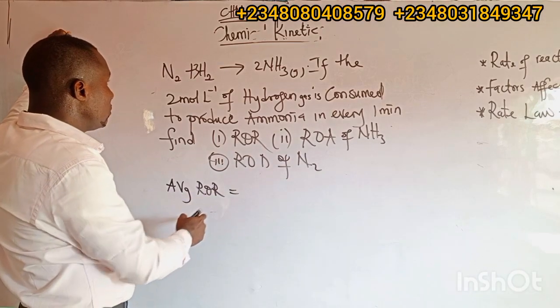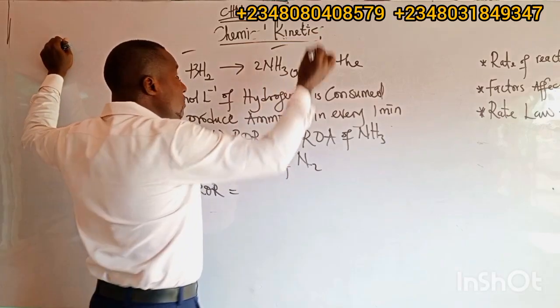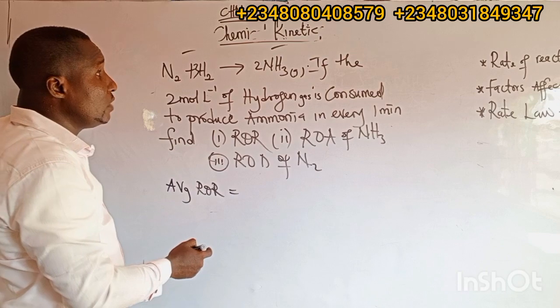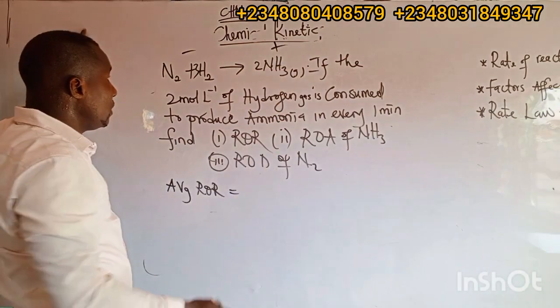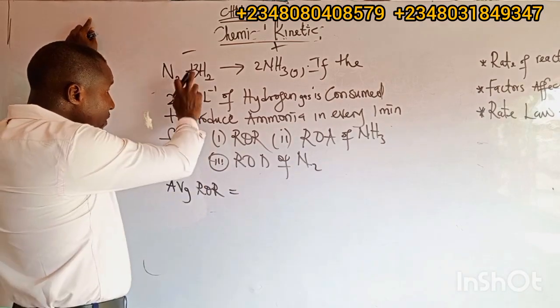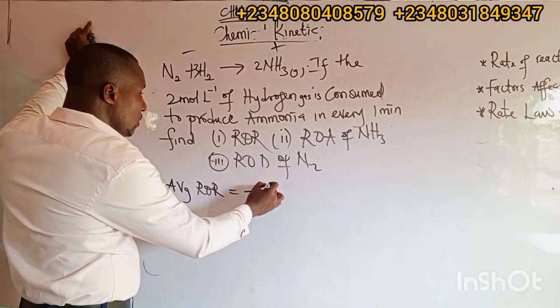Average rate of reaction: nitrogen and hydrogen are reactants. This is a product. For average rate of reaction, I'm sorry, this one is positive. For average rate of reaction for the reactant, that means we are negative.